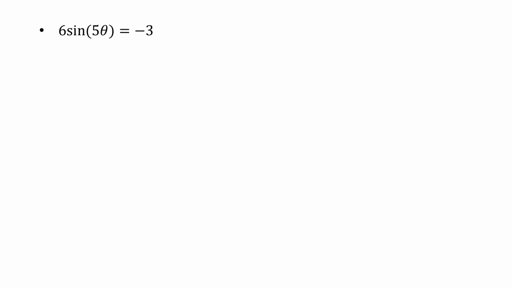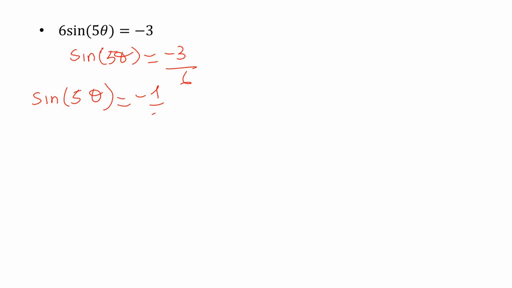We're given 6 sine 5 theta equals negative 3. So we are going to divide both sides by 6 to isolate sine. So we have sine 5 theta equals negative 3 on 6. Sine 5 theta equals negative half, and 5 theta equals sine inverse of half, and I prefer to work in radians.